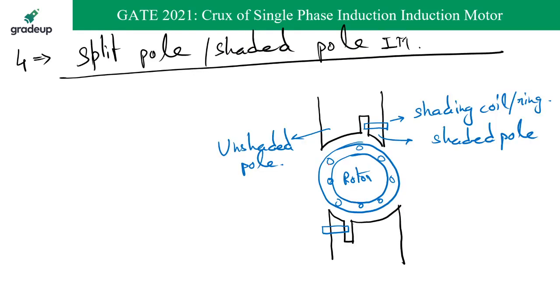Now let us come to the second method, that is a split pole. Now a split pole method is basically the shaded pole induction motor. A shaded pole induction motor simply says that if you see the stator, windings are not provided.